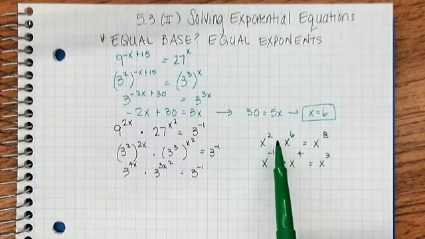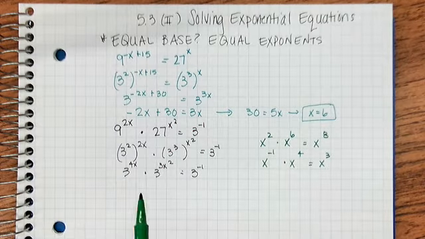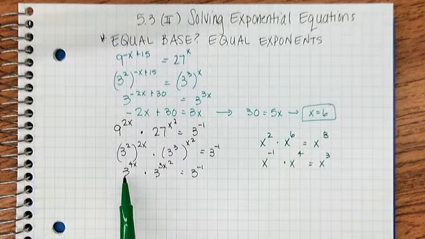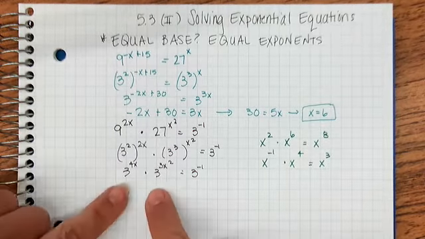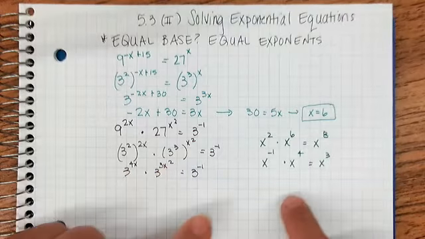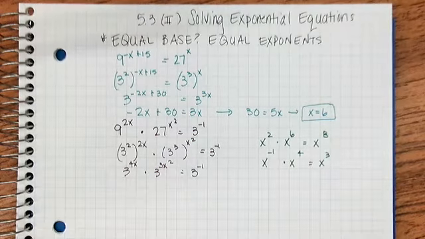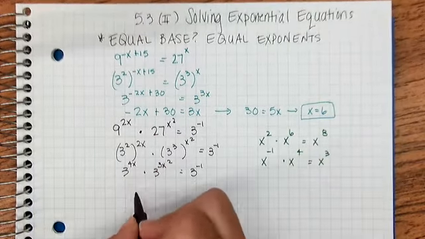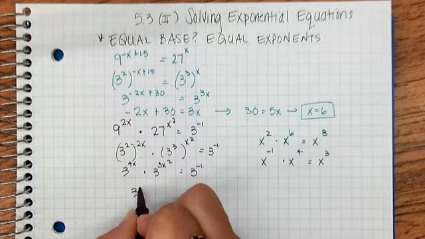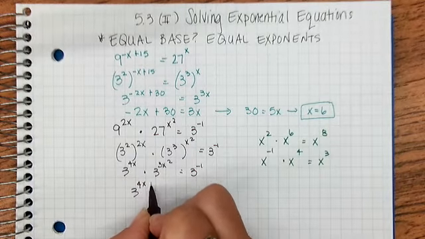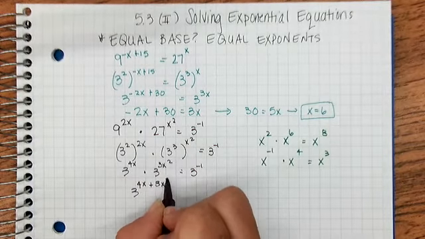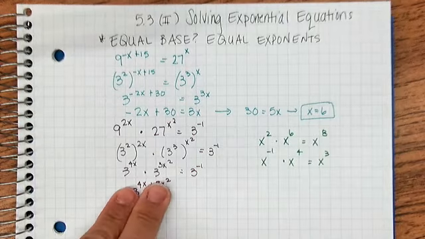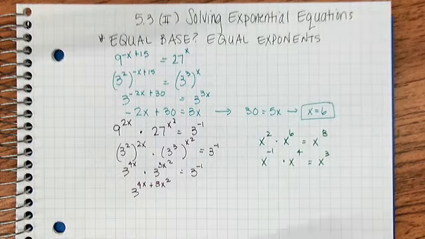Product property says add the exponents. Well, guess what? The bases are the same. So this is no different than saying x to a power, we add the exponents. So this becomes 3 to the 4x plus 3x squared. Bases are the same, add the exponents.